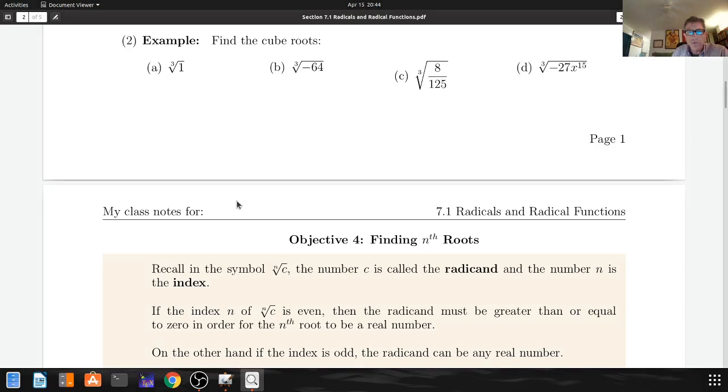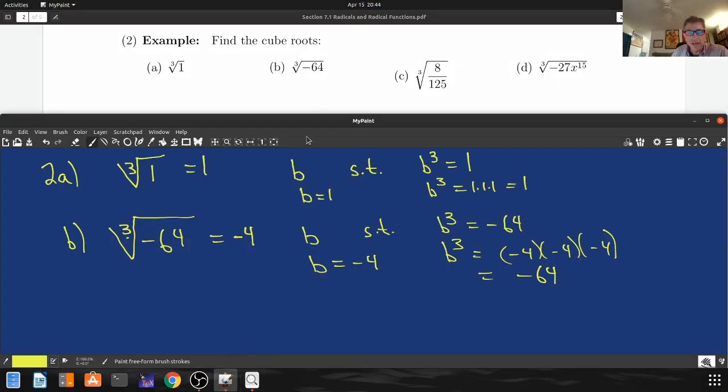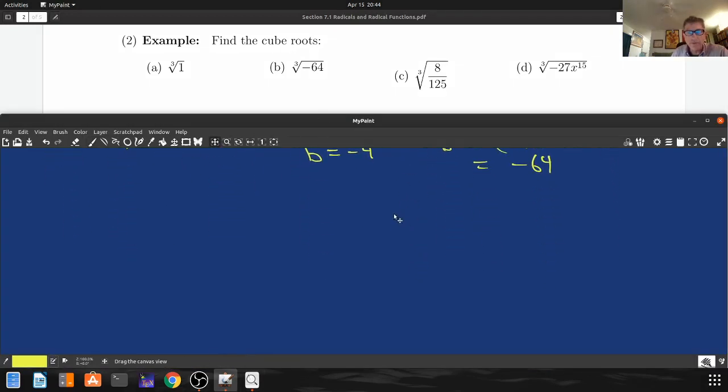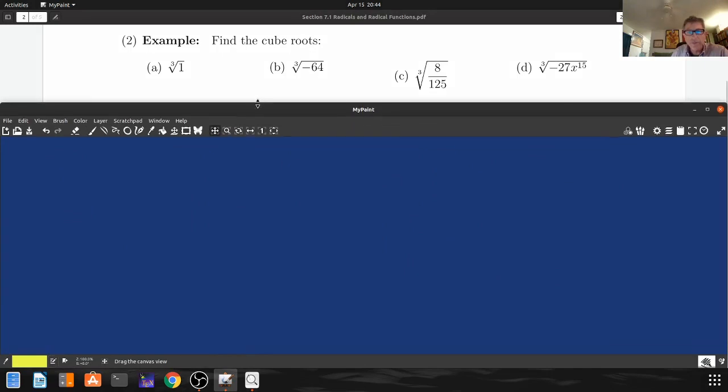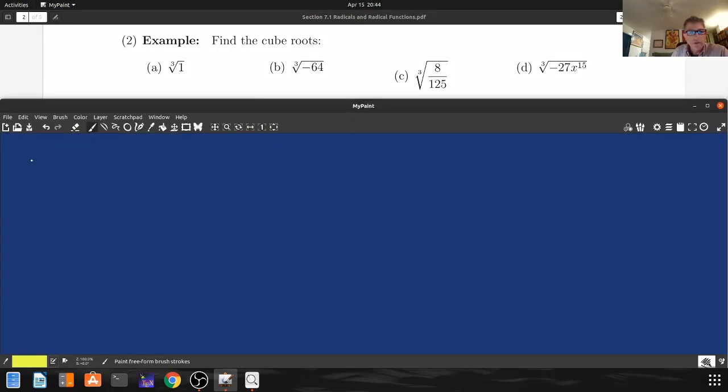Let's get some more room here. So let's do 2c. So let's find the cubed root of 8 over 125. So again, I'm looking for some number b such that b cubed is equal to 8 over 125.